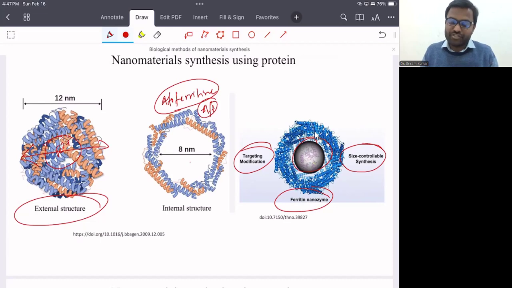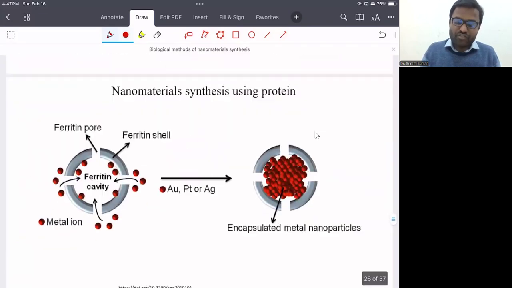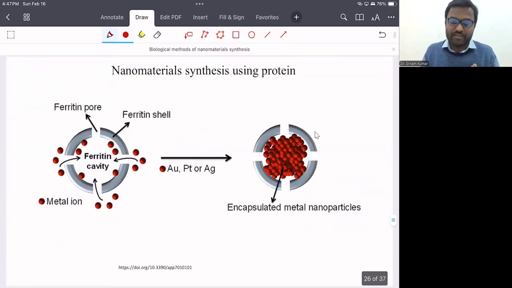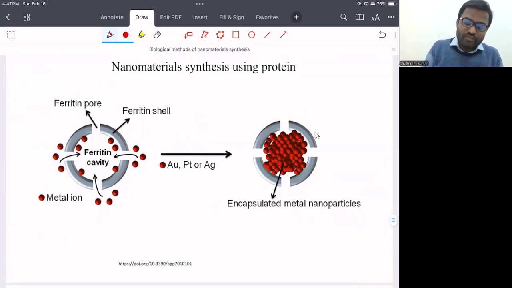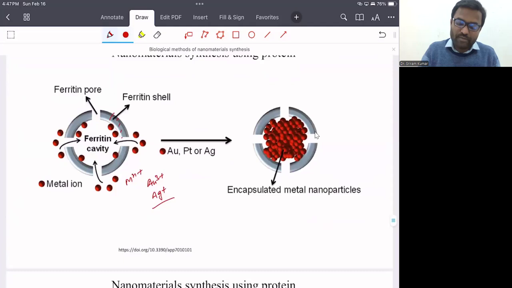So we can use that structure to synthesize the nanomaterial. So here this is the shell, the ferritin shell. And if we use a metal ion, for example, gold 3+, and maybe silver plus here.